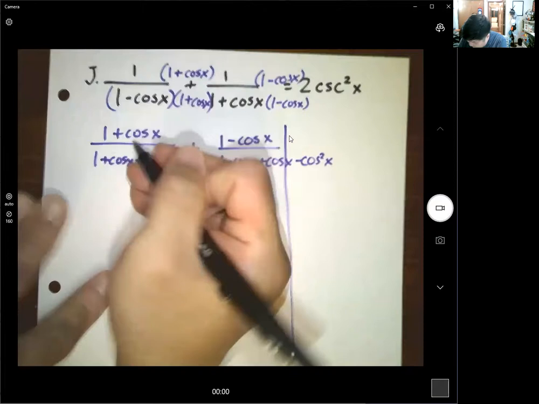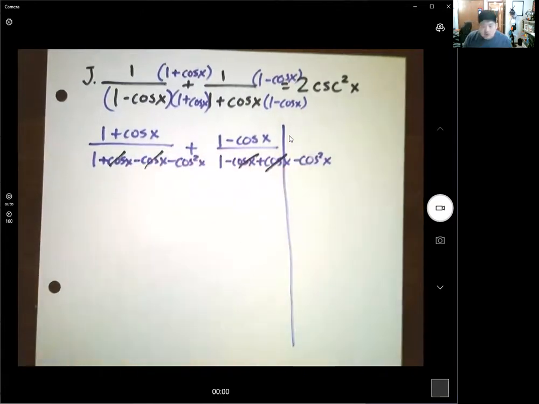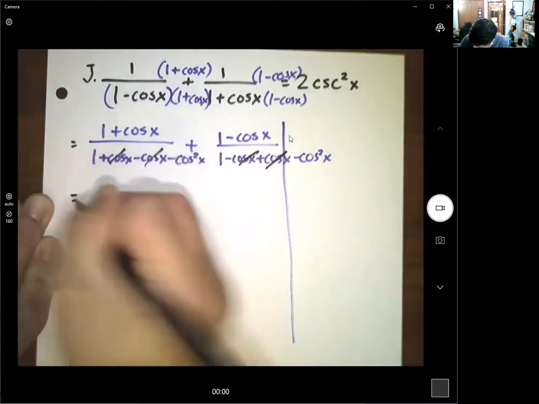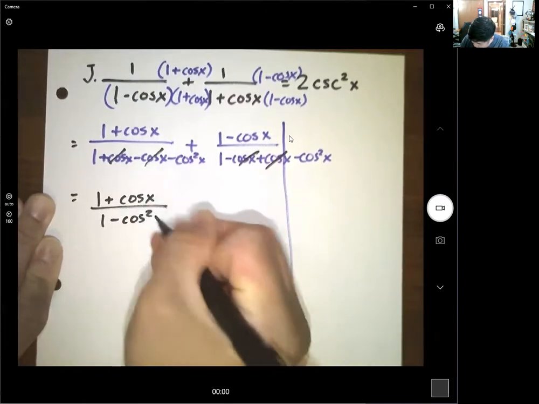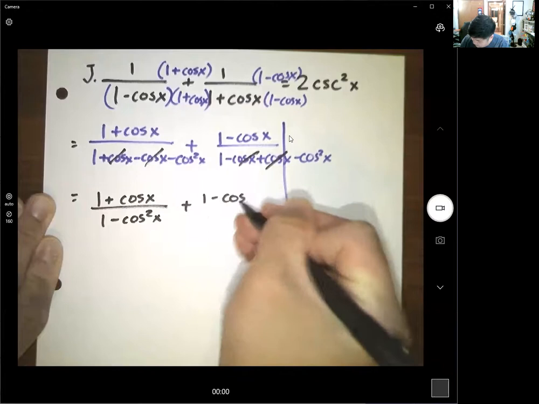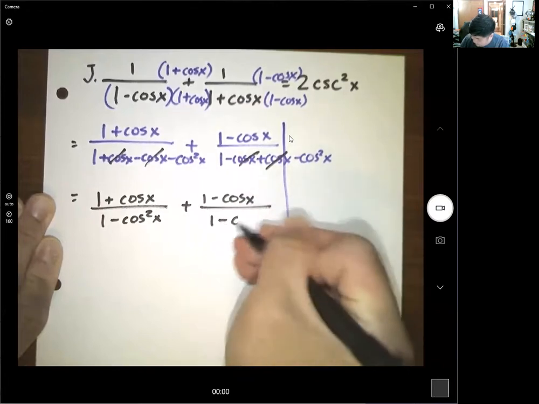So the denominators are actually the same once I zero out the cosines of x. So I have 1 plus cosine of x over 1 minus cosine squared x plus 1 minus cosine of x over 1 minus cosine squared x.